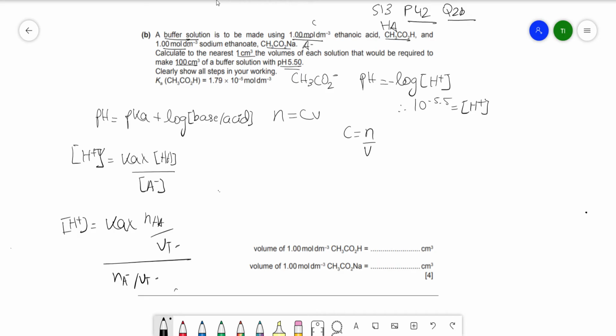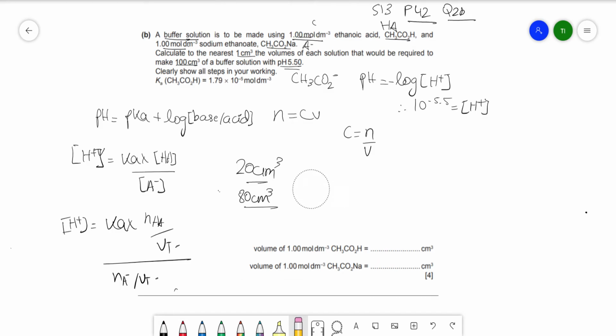So let's say you have 20 cm³ of an acidic solution and 80 cm³ of a basic solution. When you add these two together, you will get 100 cm³, right? And if you're asked to calculate the concentrations of the acid and or the base in this solution, you will use this as a total volume. You won't be using these individually anymore because they're part of one solution now. So that is why this Vt and this Vt are equal.